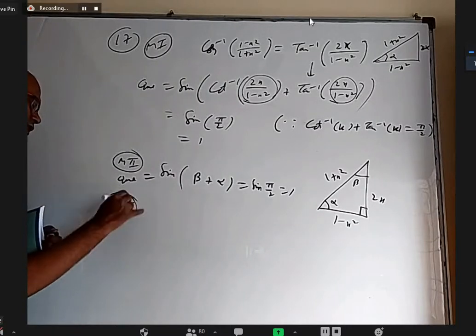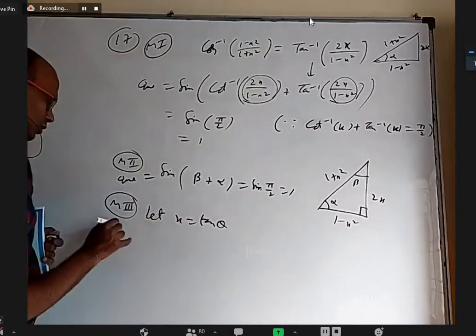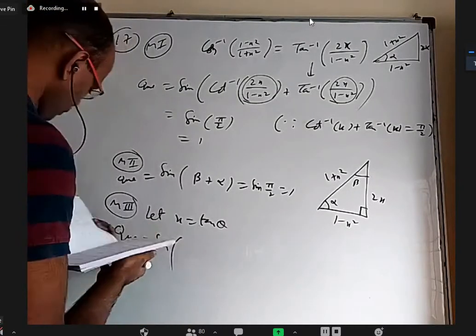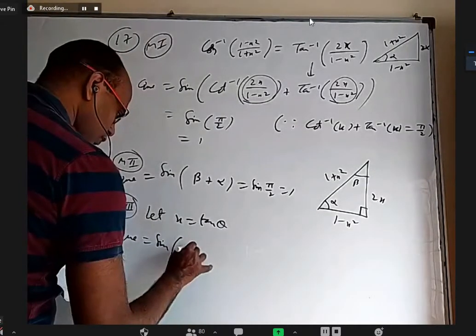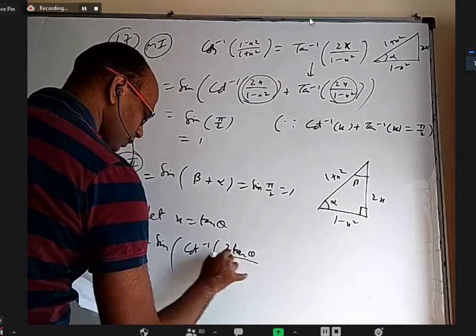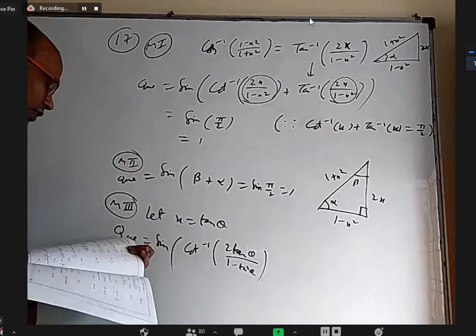Almost the same. Let x be equal to tan theta. Then the question will be sine of cot inverse 2 tan theta by 1 minus tan square theta. You can write tan 2 theta, or write 90 minus 2 theta.